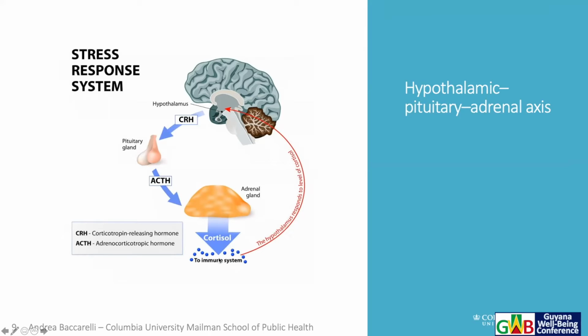When there is enough cortisol in the circulation, the cortisol level is read back by specific parts of the brain. And when there is enough cortisol, the brain tells the hypothalamus and the adrenal to stop producing cortisol because there is enough concentration.